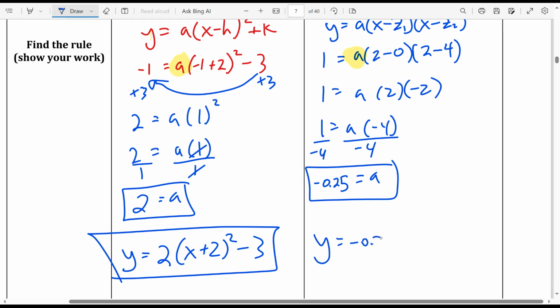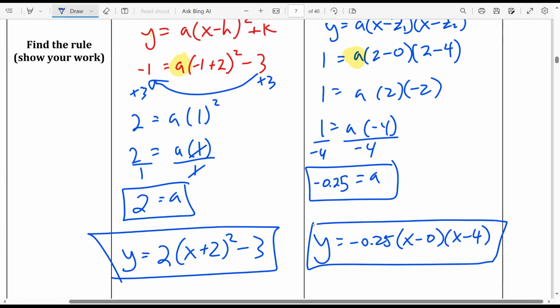Additionally, next door to it, y is equal to negative 0.25(x minus 0)(x minus 4). You could just put the x by itself, but I'll put the 0 as a placeholder in this case. You wouldn't be wrong. So that would be the rule in factored form right there. So you didn't just find a is negative 0.25. You now have all three parameters necessary to say you have the rule.